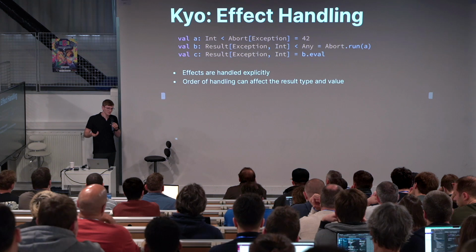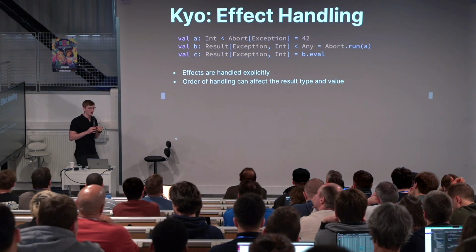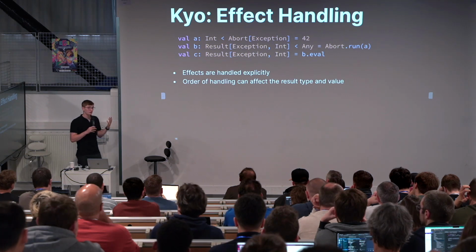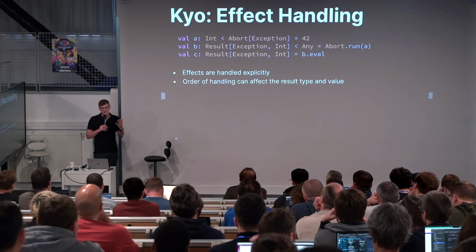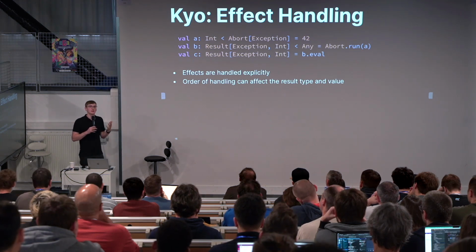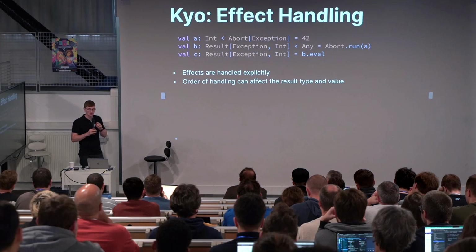You know, it might be a result of error 1 or result of error 2. And so you end up with this sort of complex type, but that's not really going to manifest itself unless you are doing some very explicit effect handling. And in general, I've found in writing my own code that the effect handling order is almost completely irrelevant. And instead, you'll just use effect handling where you want to manually or explicitly change the type.